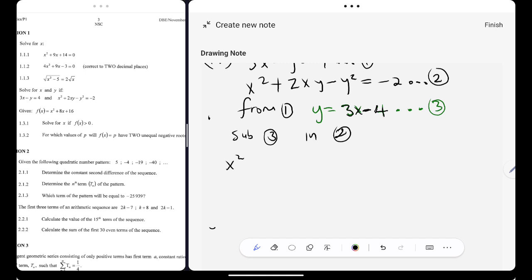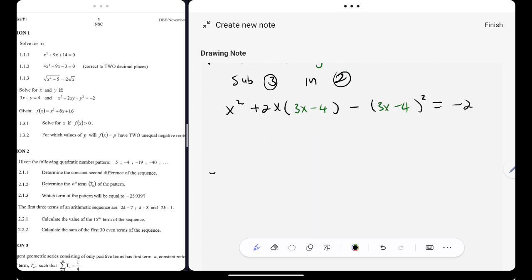I'll have x squared plus 2x. Whenever I see y, I'll put 3x minus 4, minus 4.